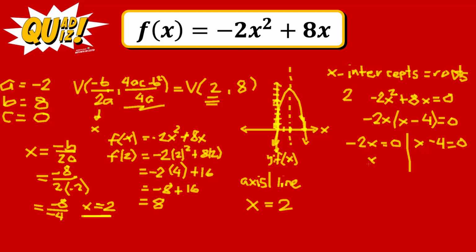And solve for the value of x. When you divide both sides by -2, this is still 0. Here, when you add 4 to both sides, you will have +4. As you can see, we have two roots. This corresponds to the number of intercepts we found by analyzing the graph. But if we don't have the graph, you can count on this and determine the number of x-intercepts.